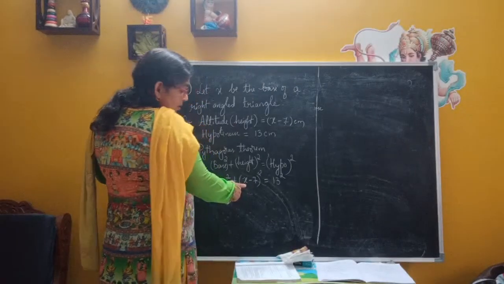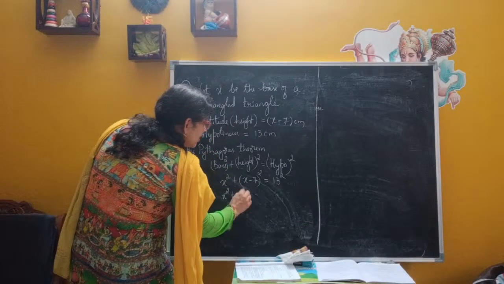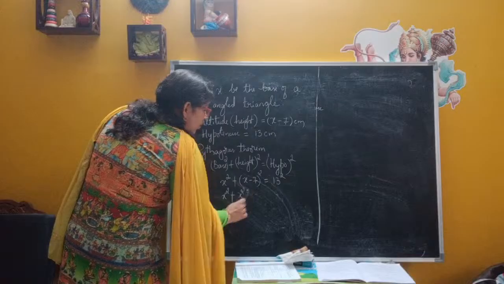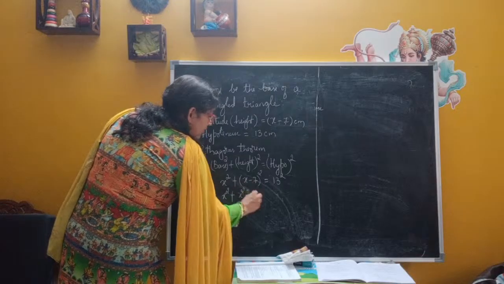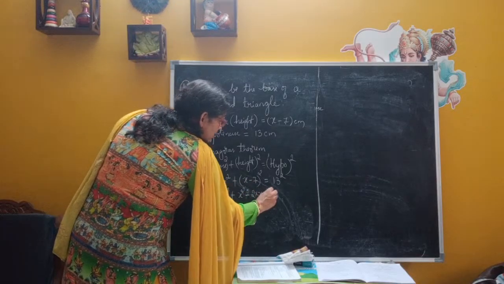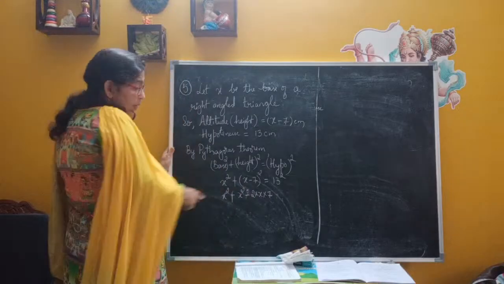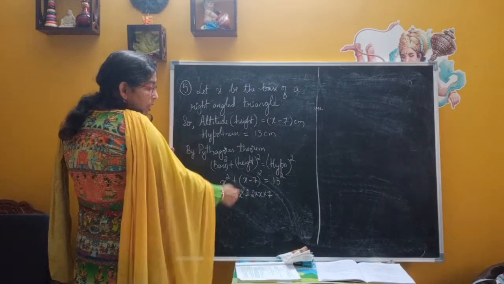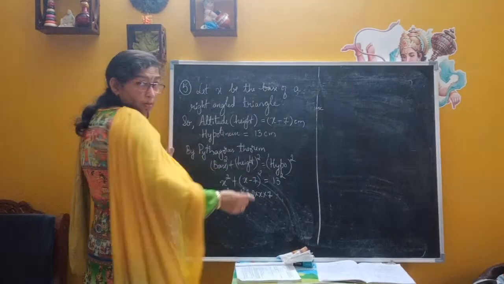So a is x. So let us write x square minus 2ab. What is a? x. What is b? 7. Don't write minus 7, because the identity is also a minus b whole square. Here for the problem also x minus 7 whole square.